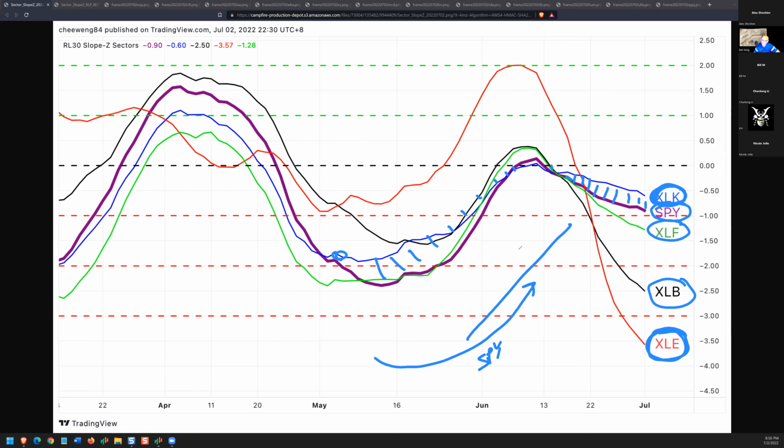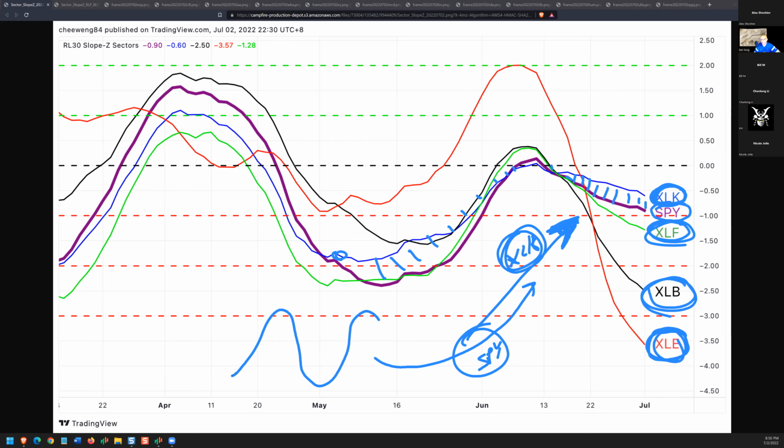So I usually think of XLK, the tech sector, as the engine that's pulling the market up the hill towards growth creation. And then I look at finance, materials, and energy as three sectors that can oscillate according to their own battle rhythm.